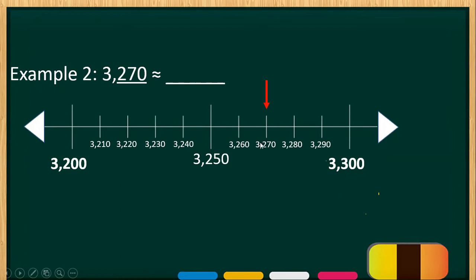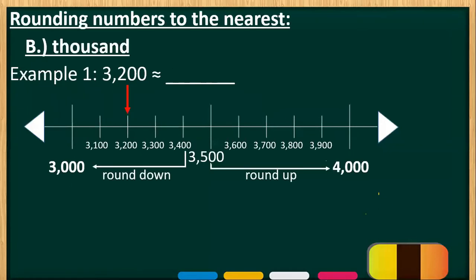And 3,270 is here. It's higher than 3,250. So what will be the correct answer? 3,300. 3,300. Very good.